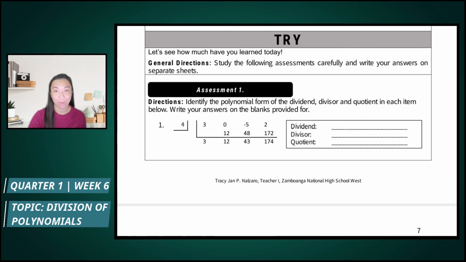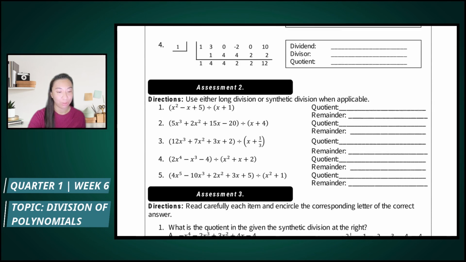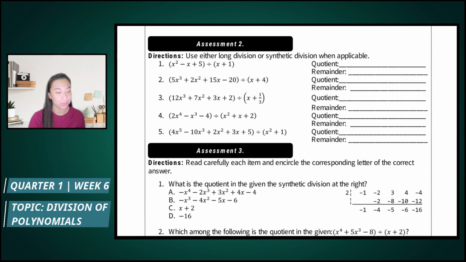So, dividend, divisor, and quotient. So, that's 4 items. And then, assessment 2, 5 items. Same. Use either long division or synthetic division if applicable. Now, in this case, I'll be asking you to show your solution. You can either use synthetic or long division. Depende na kung saan kayo mas nadadalian.